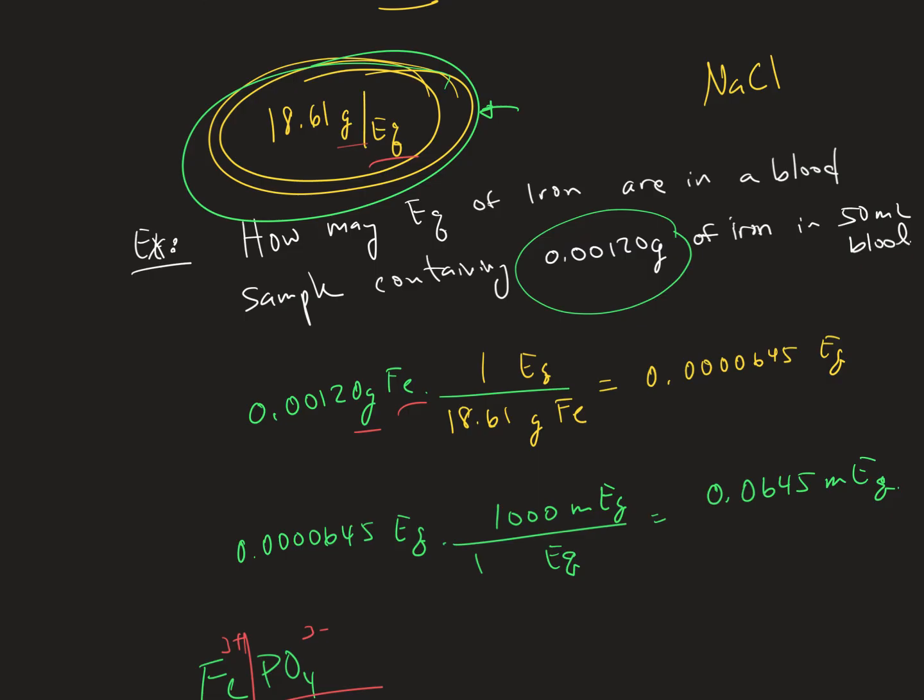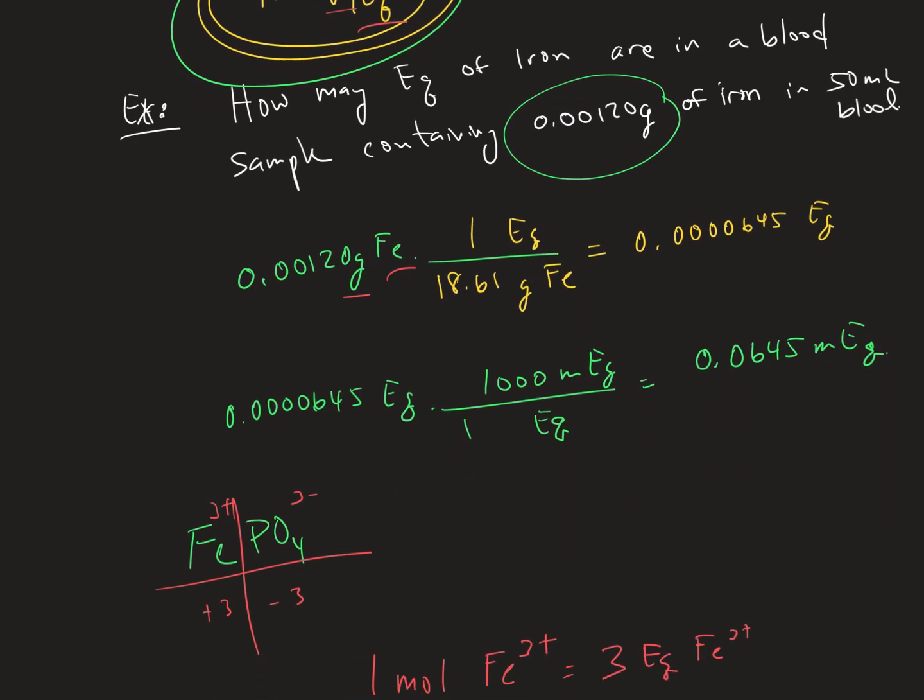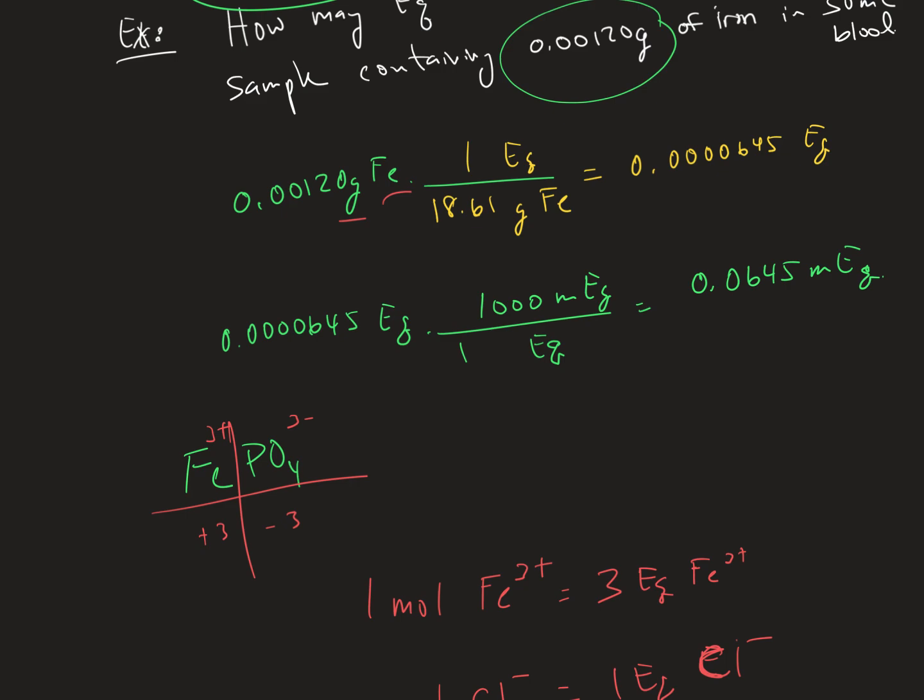If it had said solution, then it would matter. That's why dimensional analysis is so powerful, guys. You don't have to know a whole lot to do this. You just make sure the units cancel appropriately.